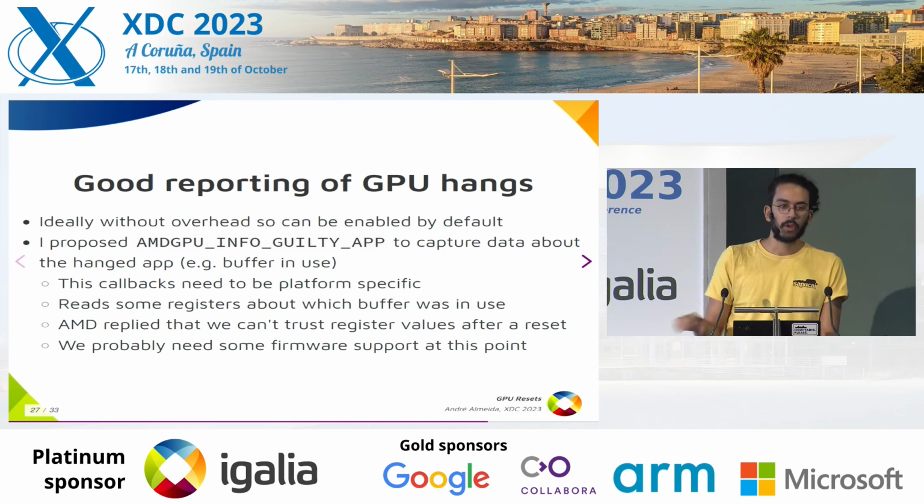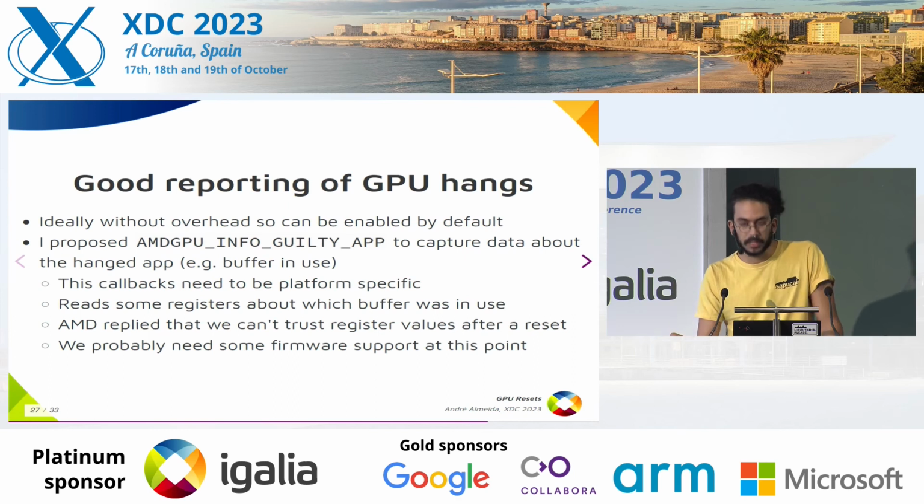So ideally, we could deploy something with no overhead that we can enable by default, like on the Steam Deck. So every person playing on the Steam Deck will have a reliable way to send Valve an automatic report when something goes wrong.